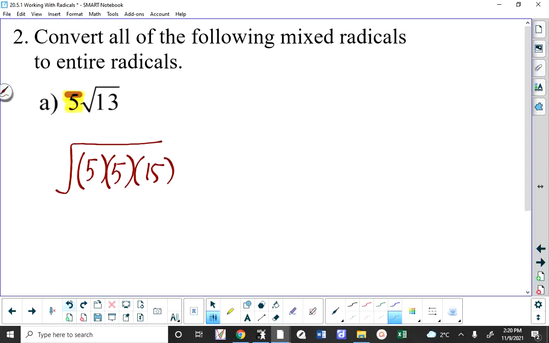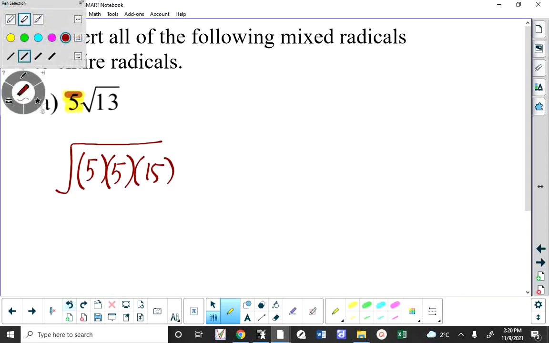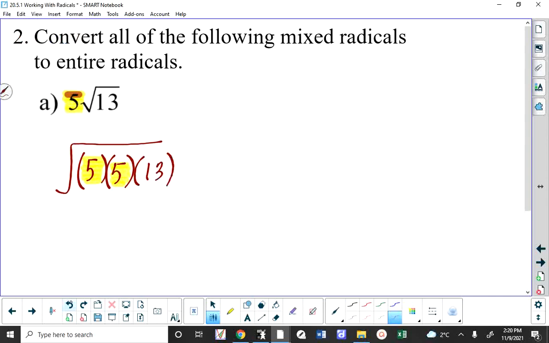And this is really, there's nothing math 20-ish about this. And then, I don't know why I wrote 15. And then what we have to do is multiply these numbers together. And I get 325, I think.